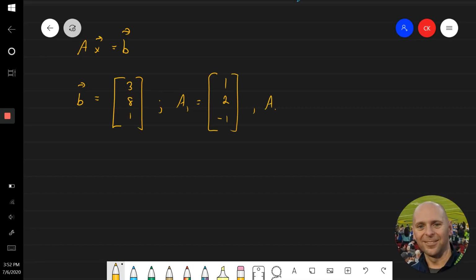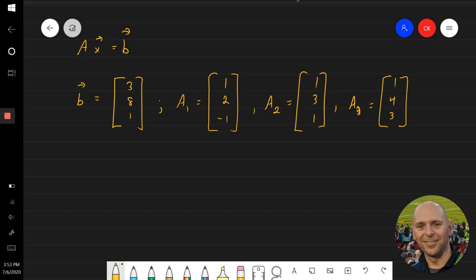A2 is 1, 3, 1. And A3 is 1, 4, 3. What we're after here is how to show the vector B as a linear combination of the vectors A1, A2, and A3.